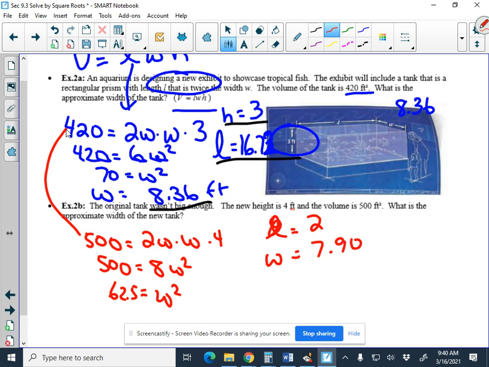And oops, that's supposed to be width. Width was 7.90. So the length is twice that, so 15.80, I think. If that is right, times 2.